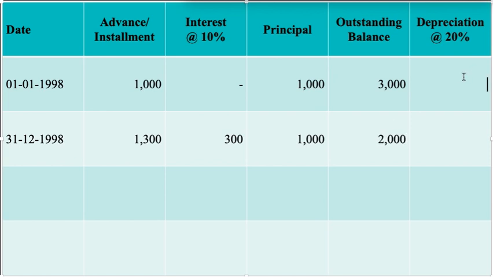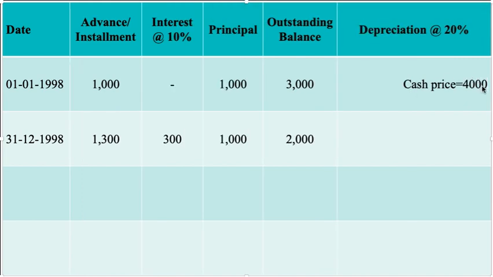Here, when we are calculating the depreciation for the year 1998, we are going to calculate on the cash price of the asset. How much is that? Cash price is equal to 4,000 rupees. So on this 4,000 rupees, we are going to calculate the depreciation at 20%. That is 20% of 4,000, which is 800 rupees.